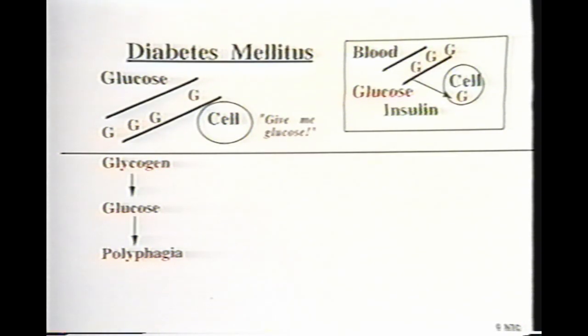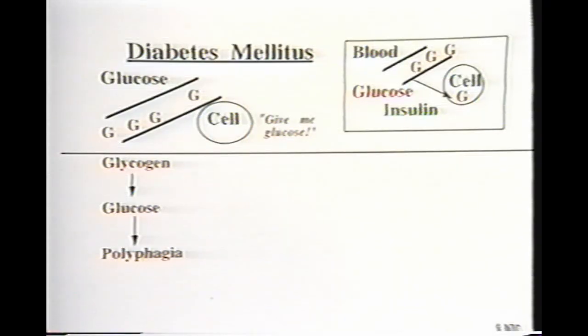And if you look on the left-hand side of the picture, you can see the bloodstream and a few glucoses in it and a cell. And you notice there's no insulin. Well, that means that the cells are not getting glucose. And they're saying, hey, I need glucose. I got to work here. I need my sugar. So the body says, don't worry.